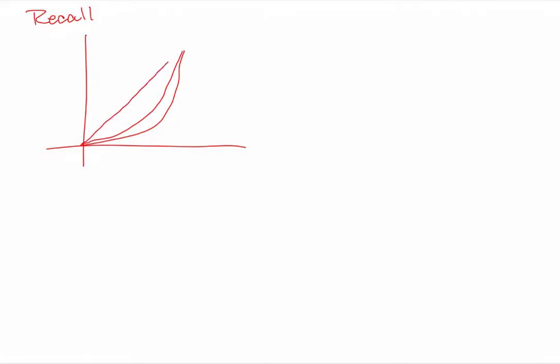So I want you to recall these graphs, and I'm going to look at them basically from 0 to 1. So here is one graph, here is another graph, and here is another graph.